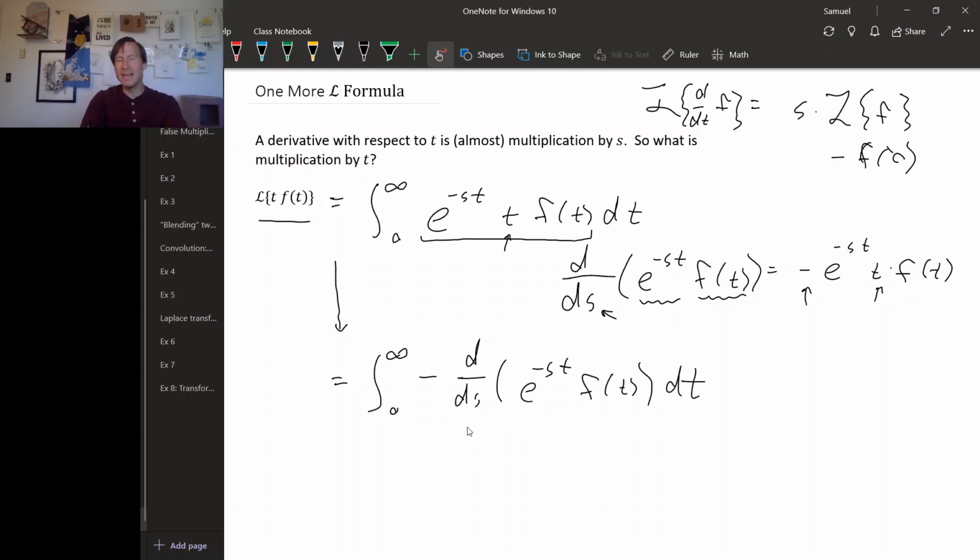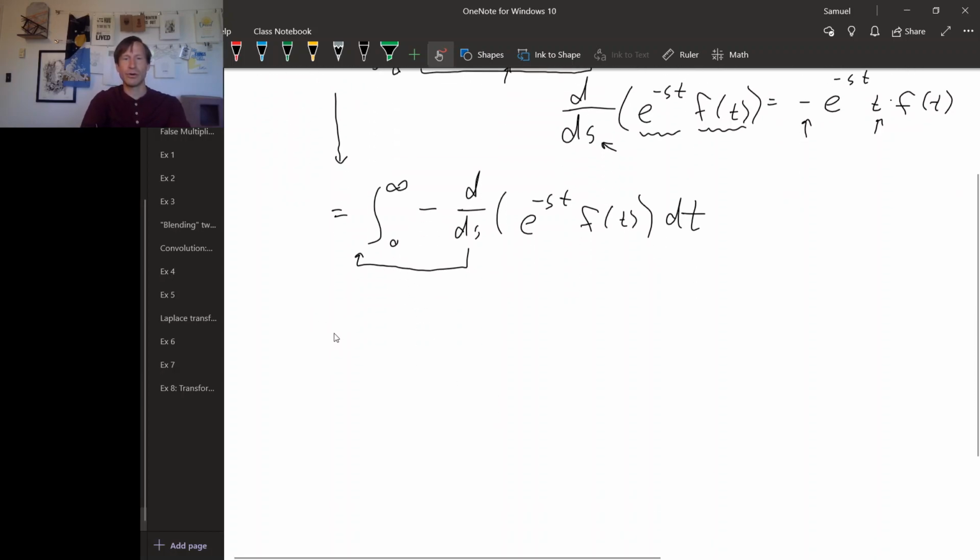It turns out that in most sane cases, unless your function f is an extremely strange function, it's safe to move this derivative outside of the integral. This is because the derivative is with respect to s, but the integral is with respect to t. So in most cases, it's okay to interchange the order of the integral and derivative. Also, it's important that s doesn't show up in our bounds of integration here, which it doesn't.